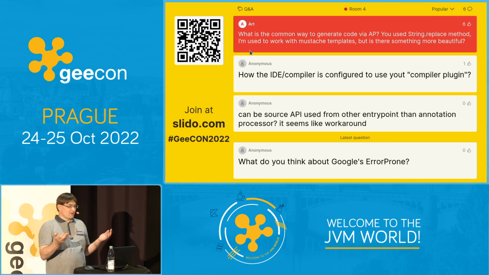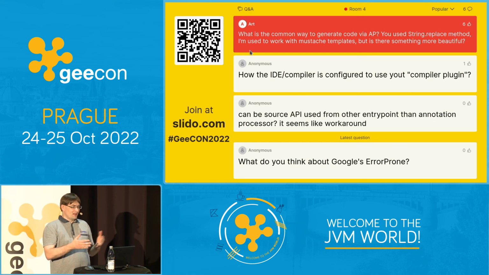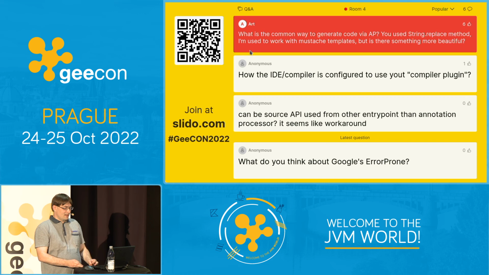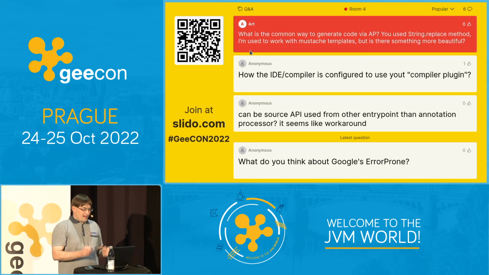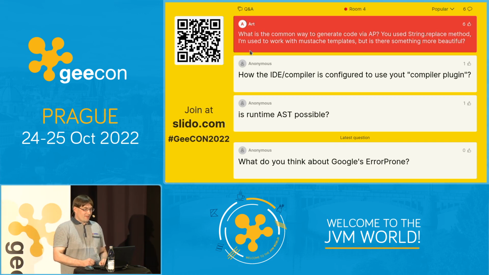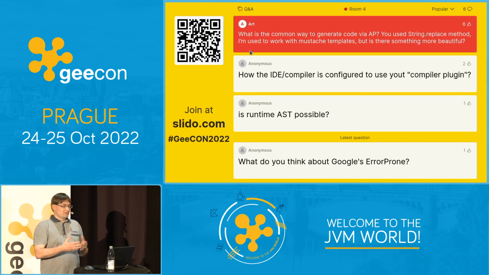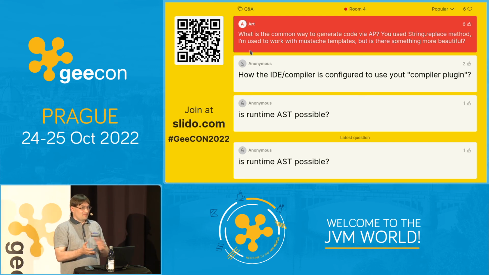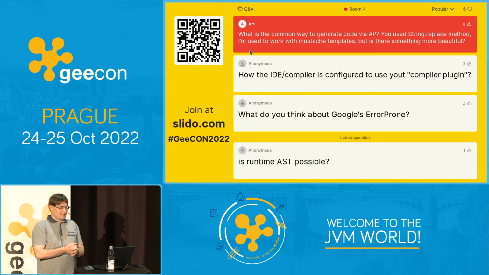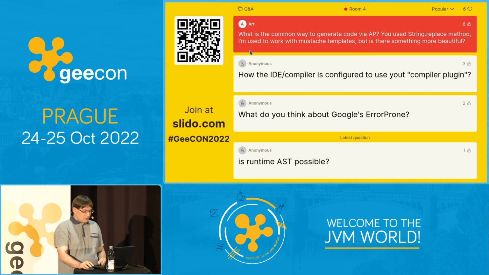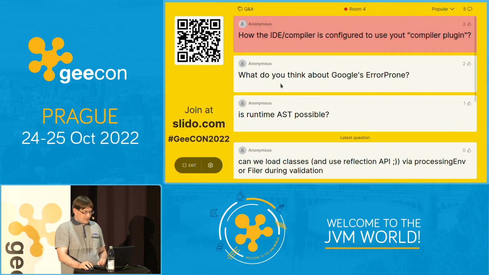So however you get the string is up to you. I did it the most simple way. If I had something more complex, I would probably use some templating engine. I hope we will get some nicer way to do it than just replace in time. So let's go to the next question.